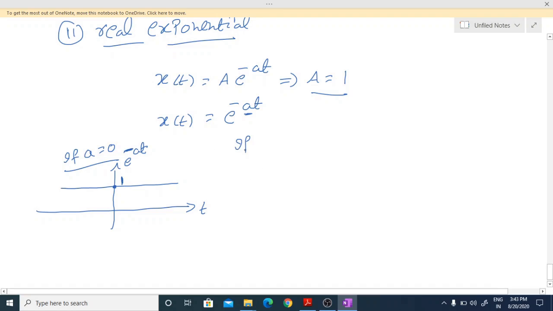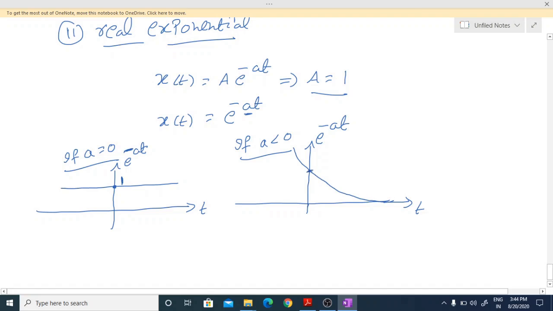And if a is less than 0, then we get an exponentially decaying signal.